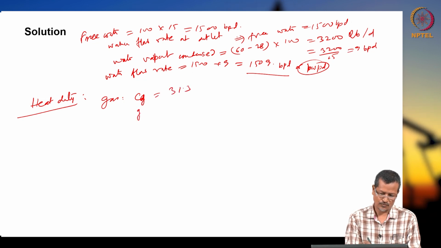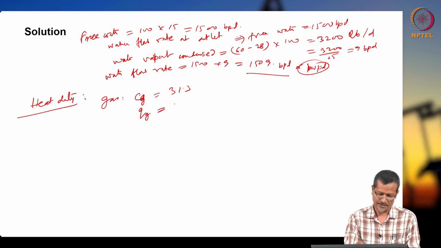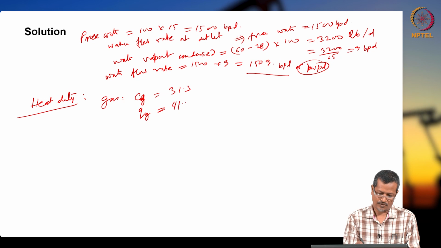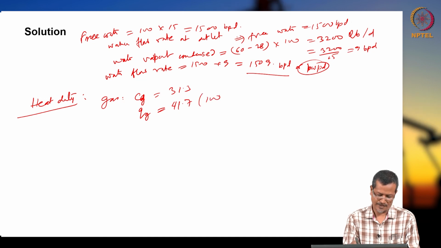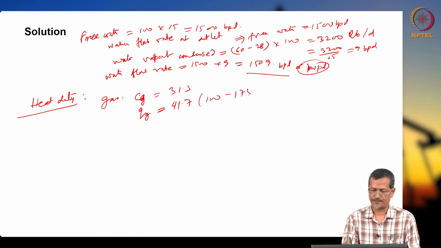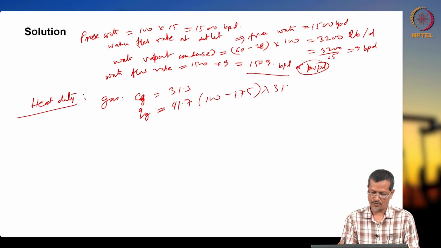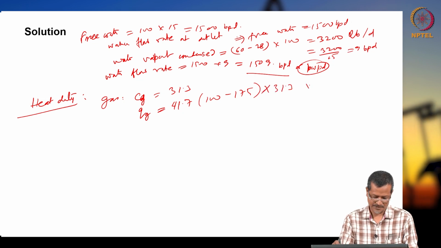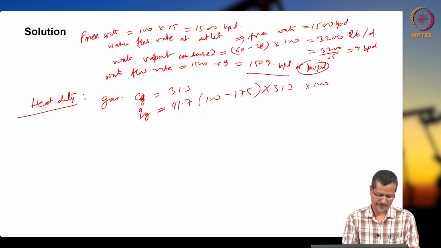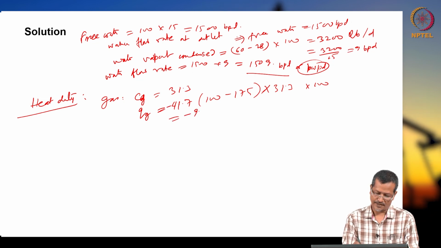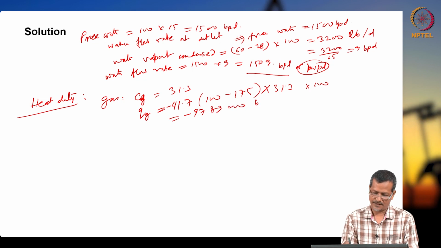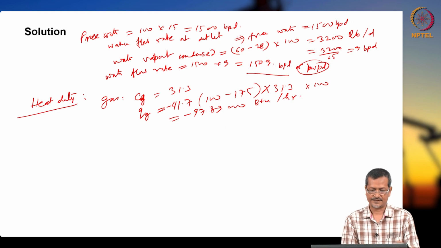So, Qg equals 41.7, this is the formula, 100 minus 175, this is the temperature, into 31.3, this specific heat, into 100. It will be coming minus 9789000 BTU per hour. Okay, so gas heat duty.